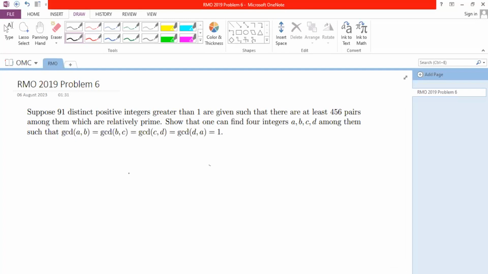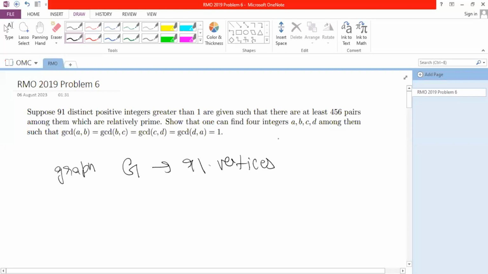So at this point, what we are basically doing is we are making a graph G, with 91 vertices corresponding to the 91 positive integers we are given.